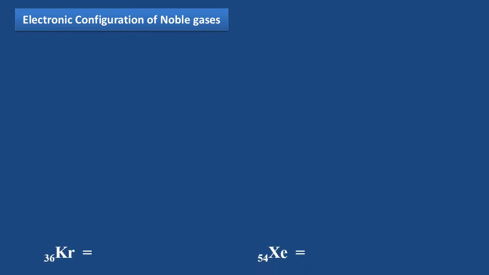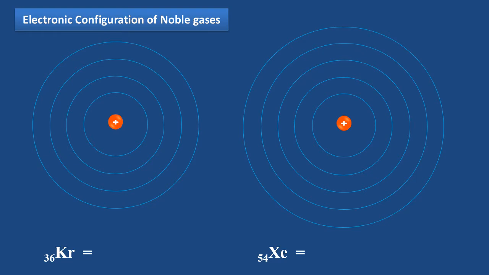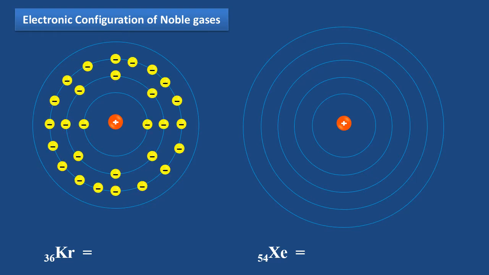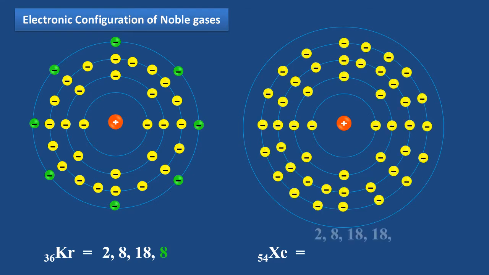Krypton has atomic number 36 and xenon has 54. Let's see their electronic configuration. The first three shells electronic configuration of krypton is 2, 8 and 18, while in the valence shell we have again 8 electrons. In case of xenon, it is 2, 8, 18, 18, and the valence shell contains 8 electrons.